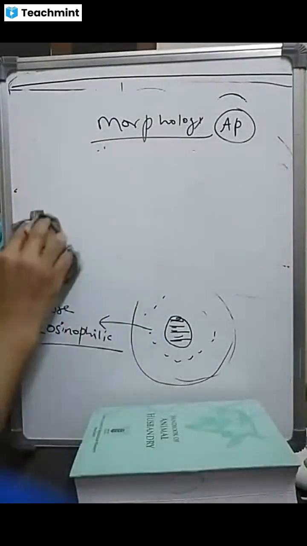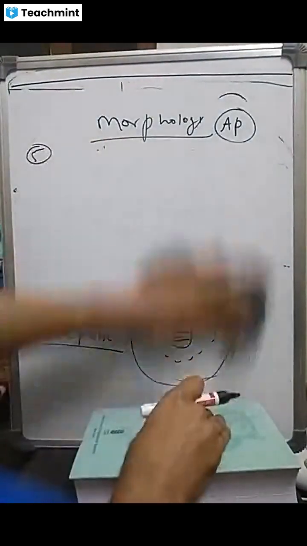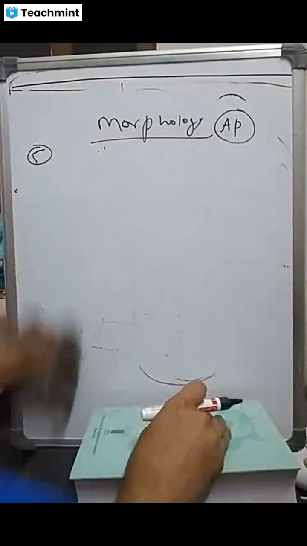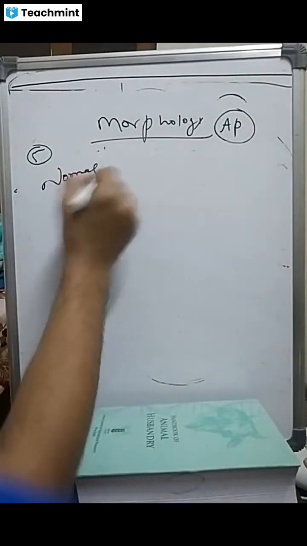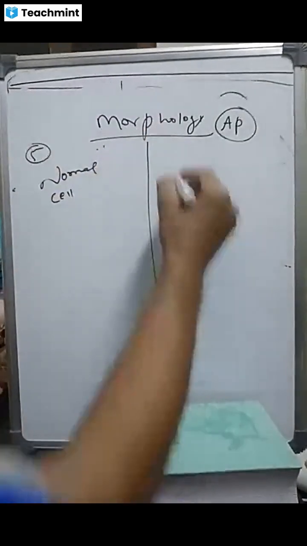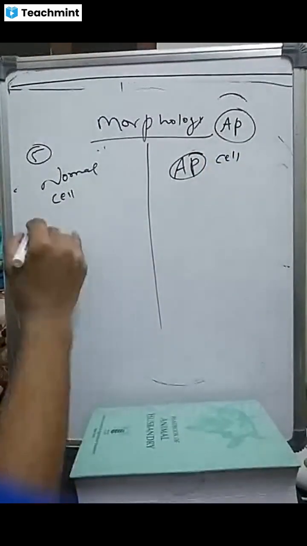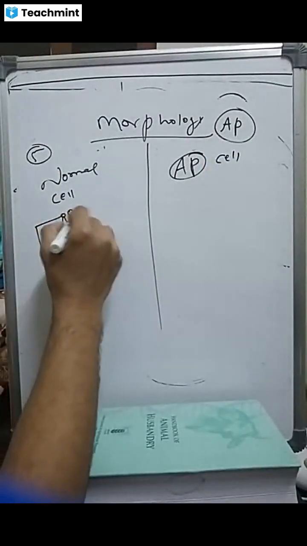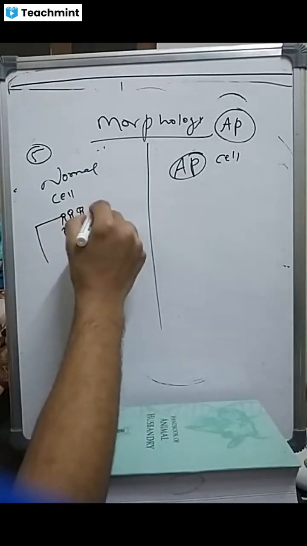Number fifth, morphology of apoptosis. If we compare normal cell versus apoptotic cell, this is the cell membrane having lipid bilayer.